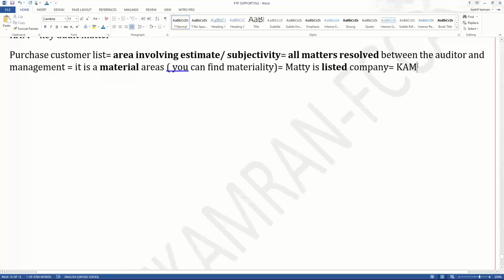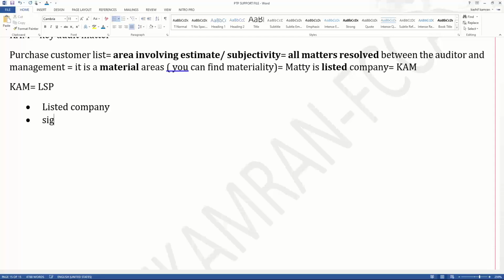Now, I normally tell my students, those who take regular classes from me, that CAM is equal to LSP. CAM is equal to LSP. And my students know it, or those who have taken the webinars from me also know this. CAM comes for a listed company. So METI is a listed company, first of all.